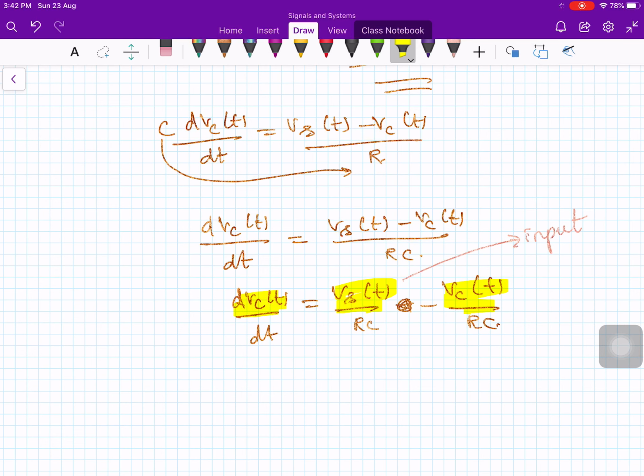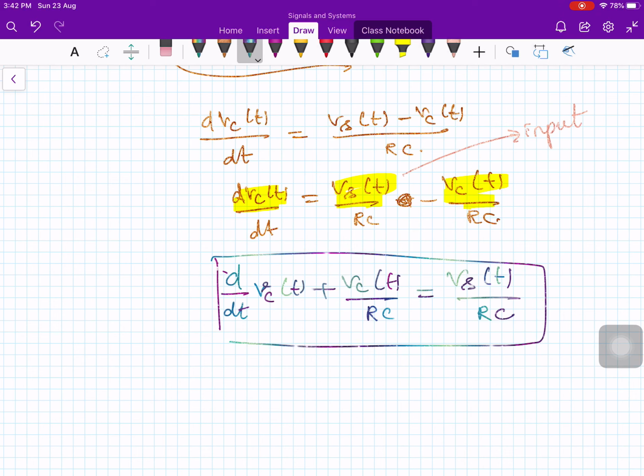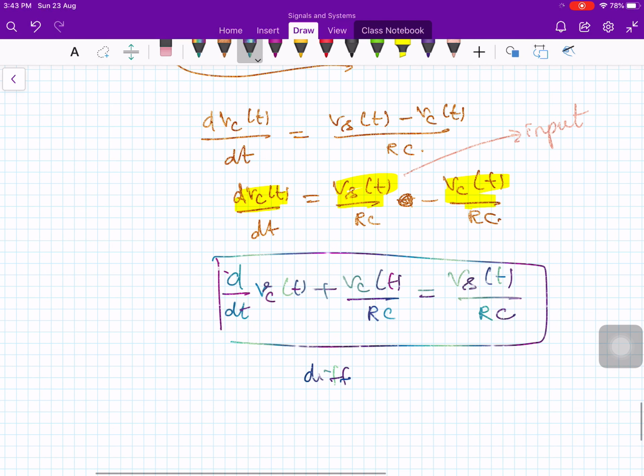Therefore, the derivative of Vc of t plus Vc of t over RC is equal to Vs of t over RC. Okay, so therefore we obtain a differential equation describing the relationship between the input Vs of t and the output Vc of t.